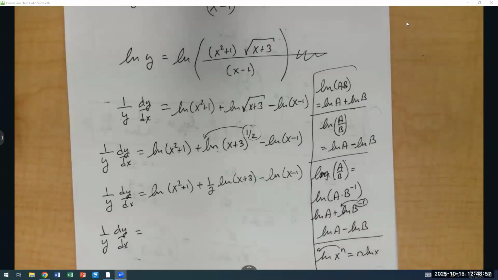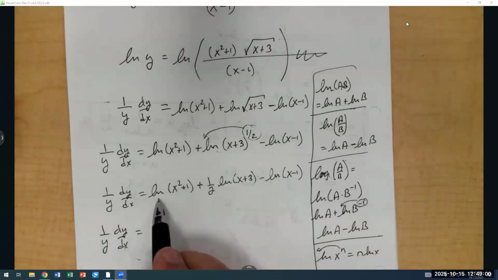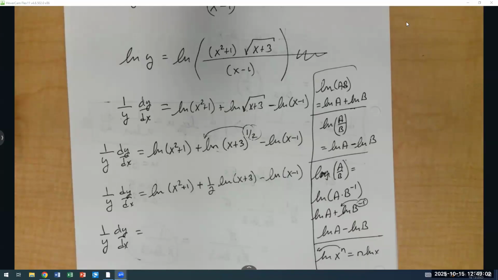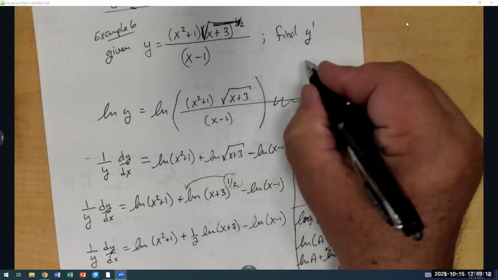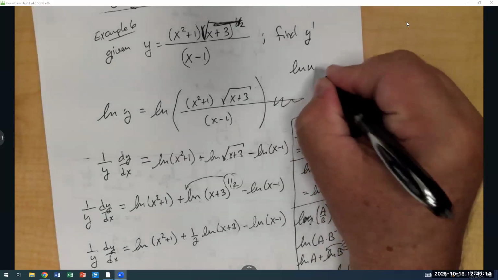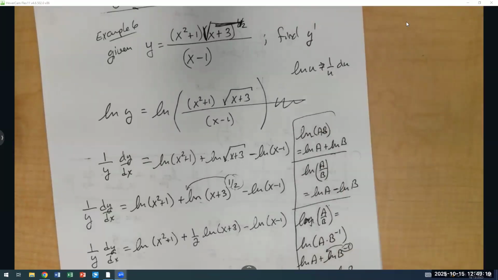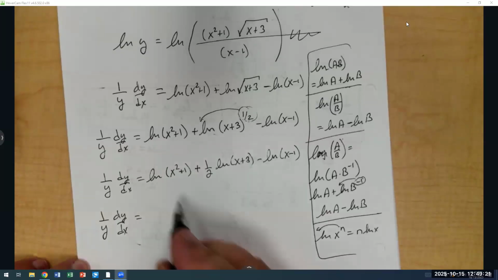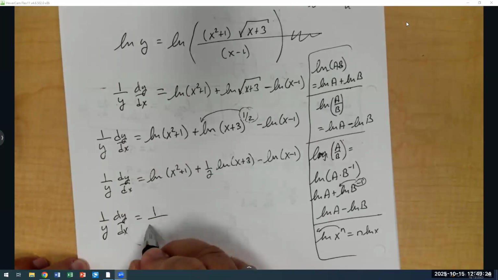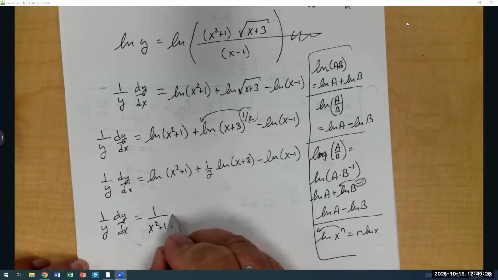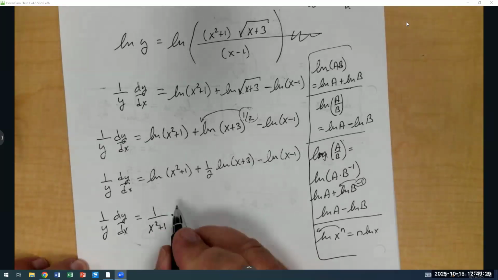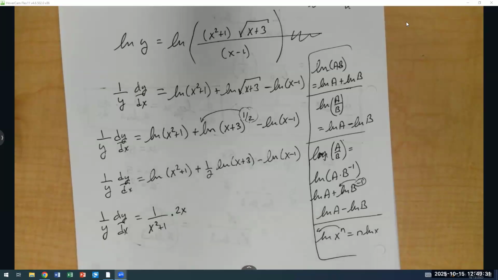Now let's take a derivative of these. What's the derivative of ln of x squared plus 1? Ln u is 1 over u du. So it's 1 over x squared plus 1 times the derivative of x squared plus 1, which is 2x.